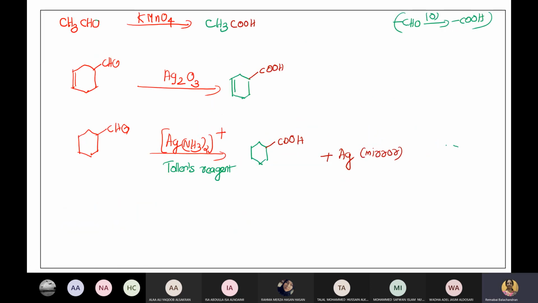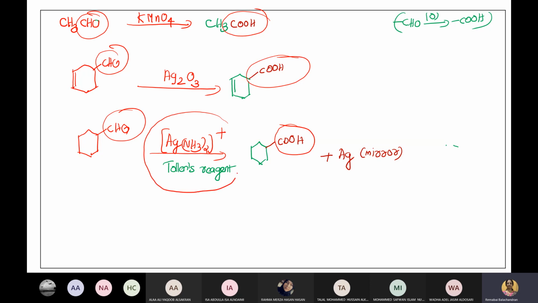See, look at this one. Here CHO became COOH. Here also CHO, COOH. Here CHO, COOH. But here in this case, something very important you need to remember. Tollens reagent means if you treat silver nitrate, it's not the actual procedure, but I'm telling you the main thing.